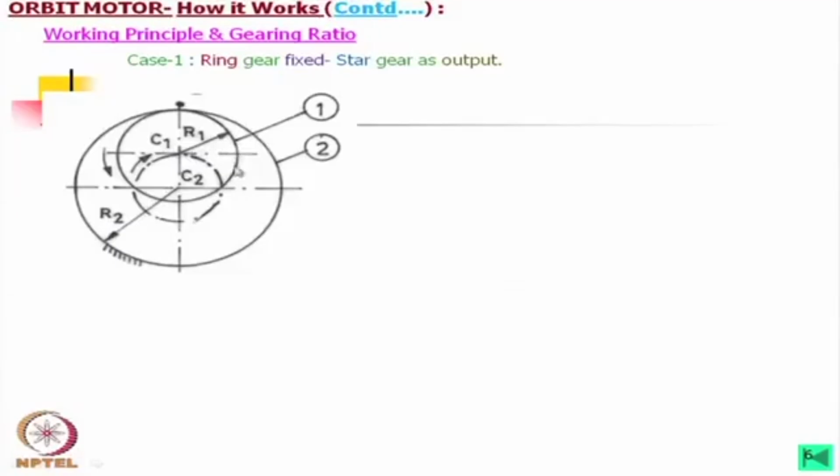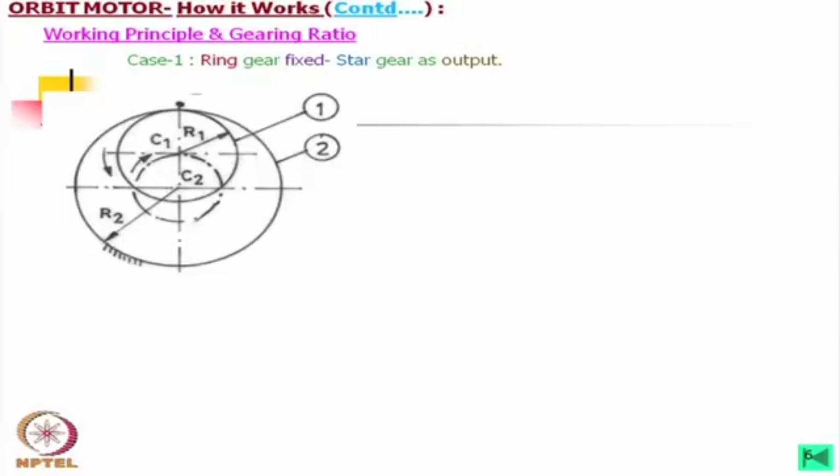Or if we compare with the harmonic drives, then this is the base circle or the describing circle of the flex gear, and the outer one is the base circle or describing circle of the outer gear, the ring gear. Now, we have taken these two describing circles, which you can consider the equivalent drum.